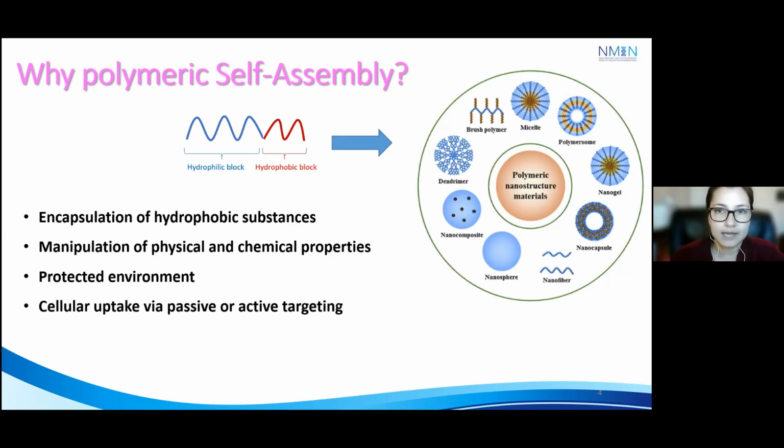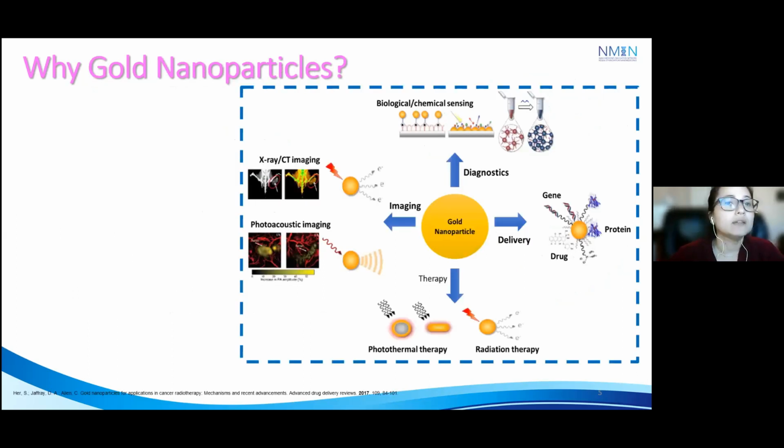And why gold nanoparticles, and how they fit into this? Gold nanoparticles have been widely studied for different disease treatments and diagnosis, mainly due to their synthetic versatility that enables different sizes, shapes, and surface properties.